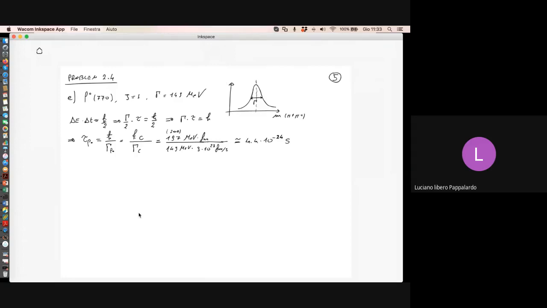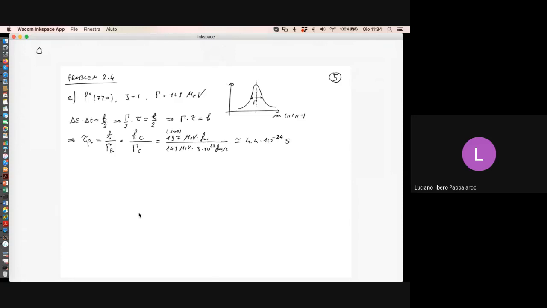So when you have a decay time of the order of 10 to the minus 23, 24, sometimes even 25, then this is for sure a strong decay. We have exceptions also for the weak interaction, like the decay of the Z or of the top quark. But when you have a meson or a baryon decaying with such a short decay time, this must be a strong decay, or if you like, a decay regulated by the strong interactions.